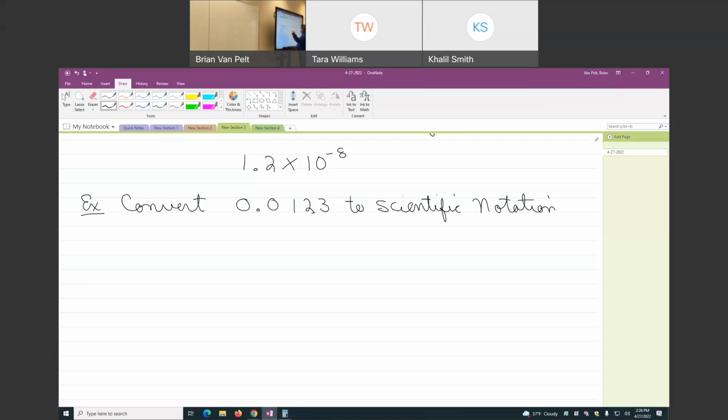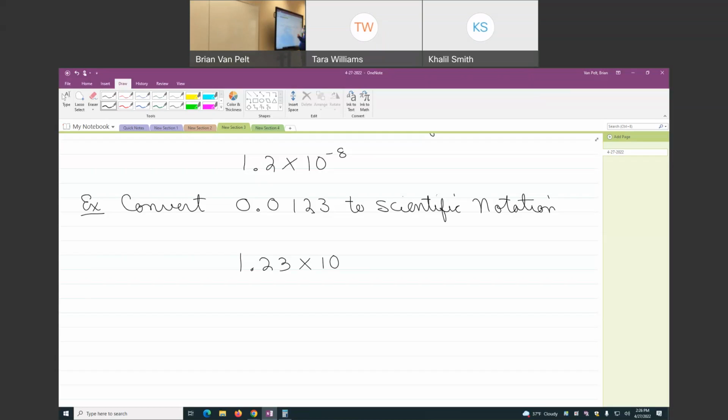So I know my answer is going to look like this, 1.23 times. That's the times sign. It's just popular to use instead of a middle dot, probably because if you're typing this out, a middle dot may be something that you can't find anywhere.